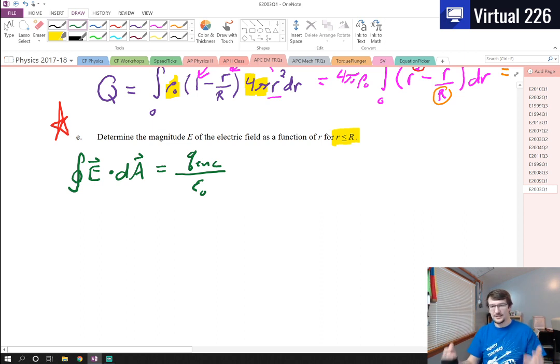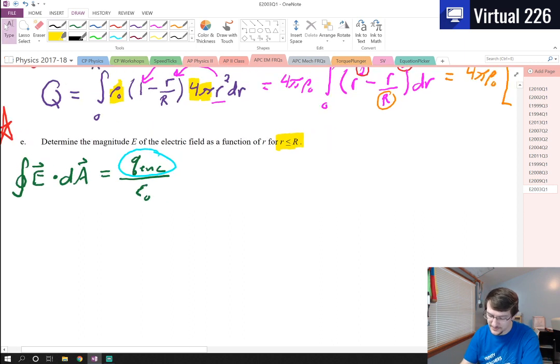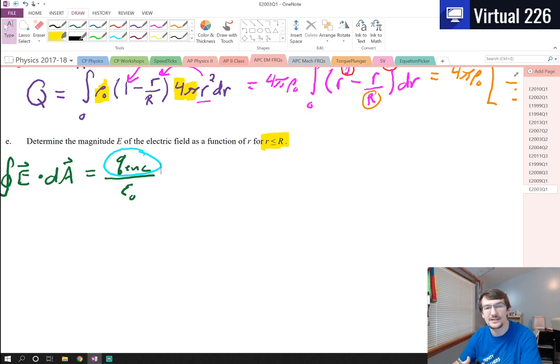That right there is always a point, okay? The only difference in this problem, and we've seen this in some other problems, is that this charge enclosed becomes a little tricky. It is going to be dependent on where we are in that sphere.